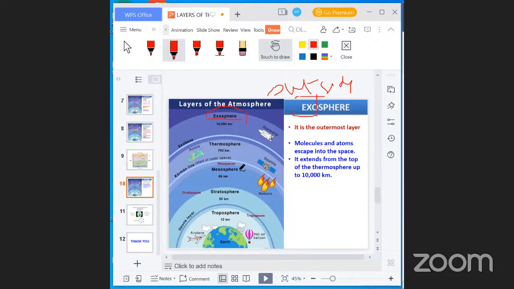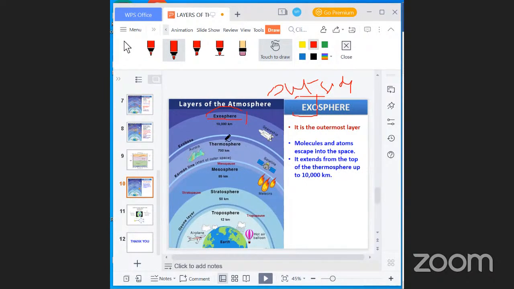The exosphere represents the outermost layer of the Earth's atmosphere. It extends from the top of the thermosphere at an altitude of about 700 kilometers, right?